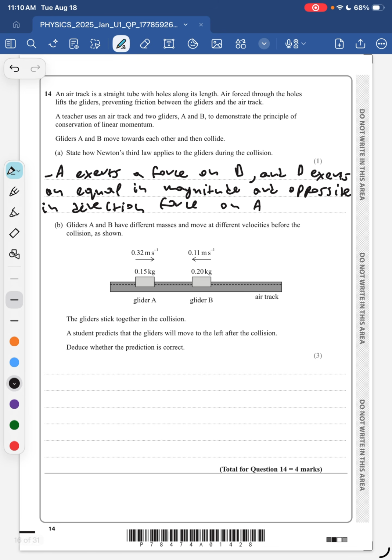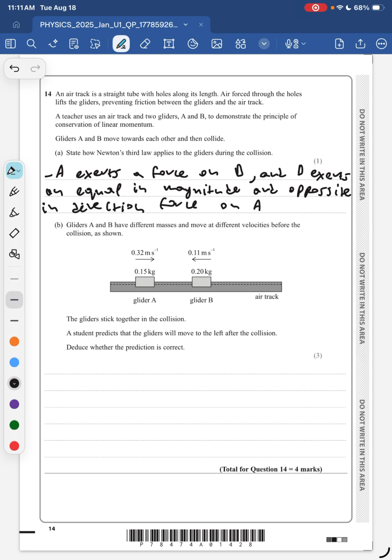and do part B. Gliders A and B have different masses and move at different velocities before the collision shown. The gliders stick together in the collision. A student predicts that the gliders will move to the left after the collision. Deduce whether the prediction is correct.